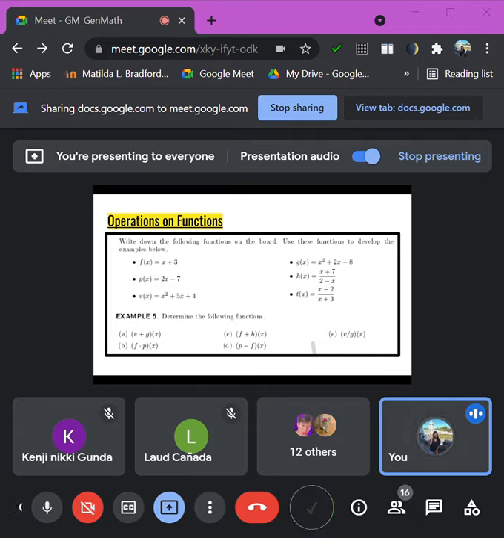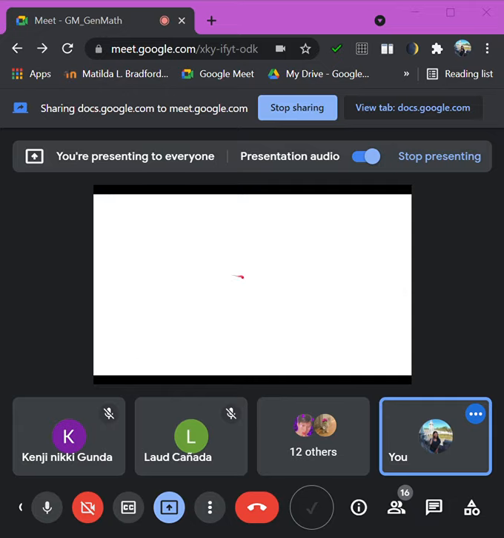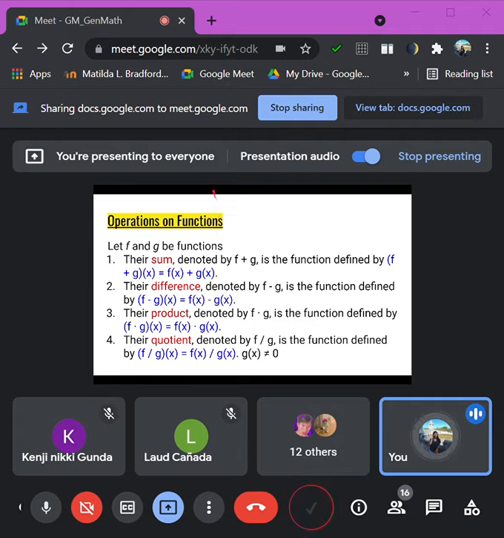So you will have there v plus g of x. You are going to add your v and then you are going to add as well your g, the function of your g.